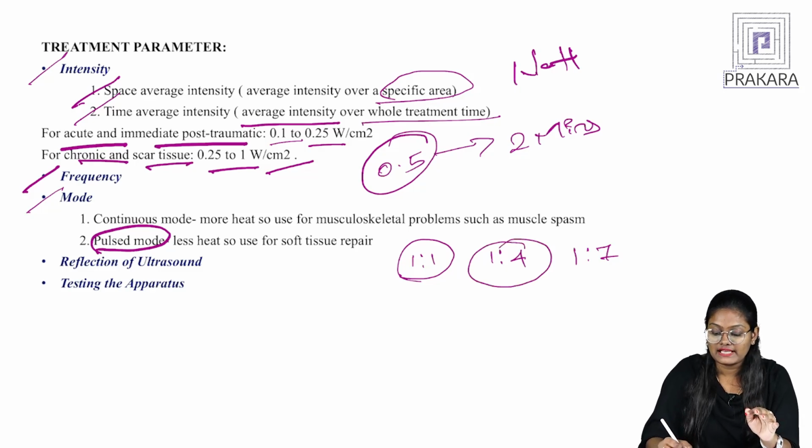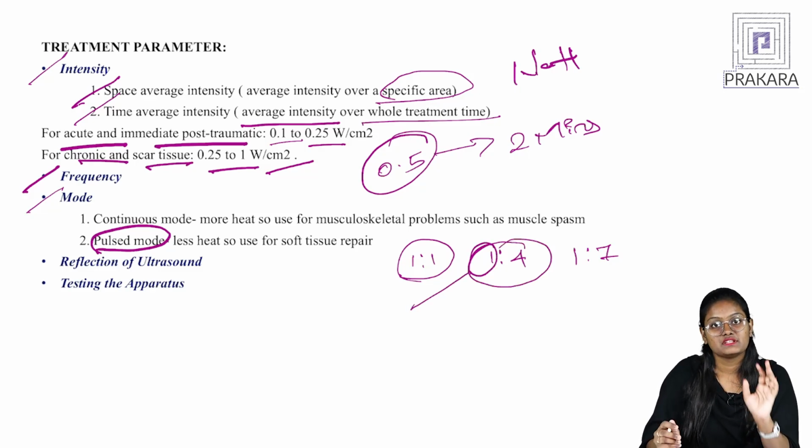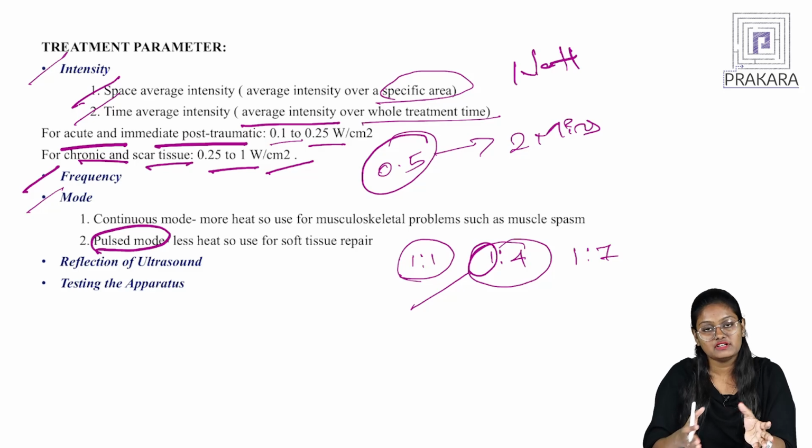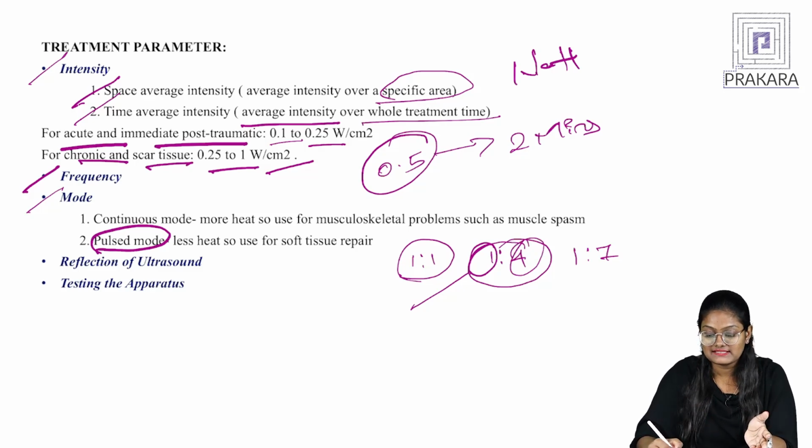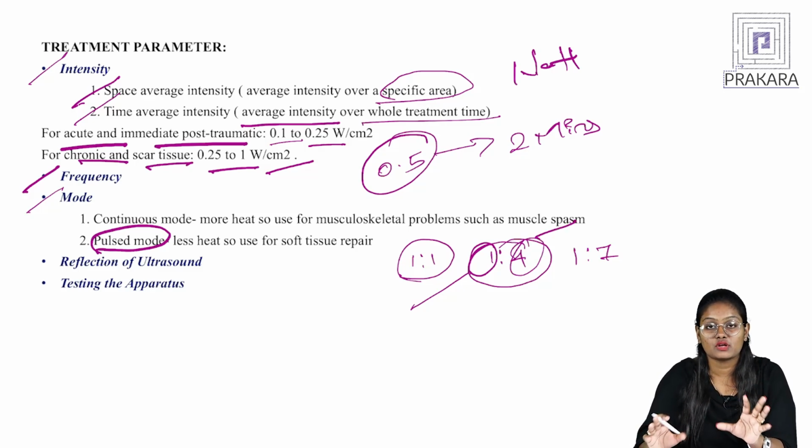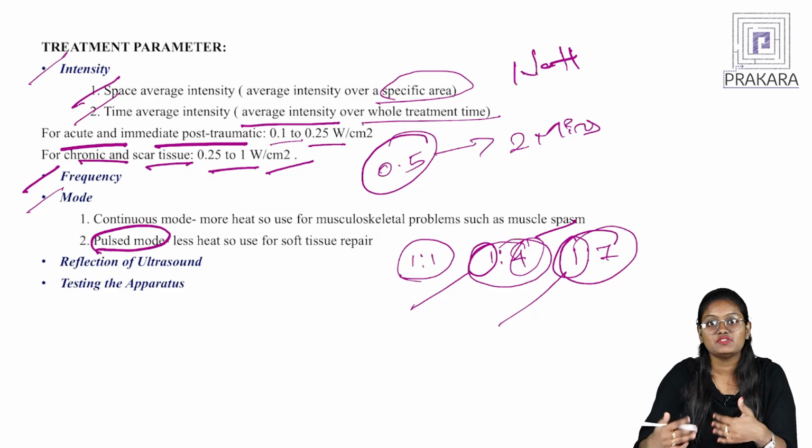In 1:4, for 1 millisecond the ultrasonic beam will pass through the patient's body, and for 4 milliseconds there will be a time gap or pause. The same applies for 1:7. For 1 millisecond there will be transfer of the ultrasonic beam into the patient's body, and for 7 milliseconds there will be no travelling of the beam.